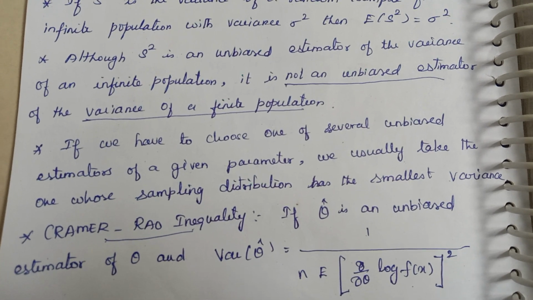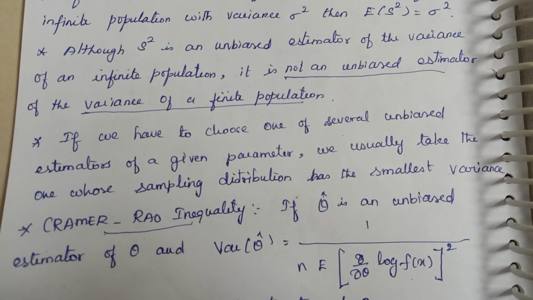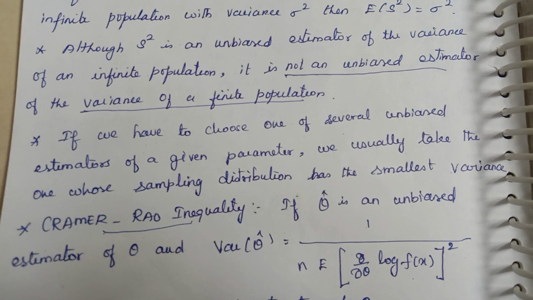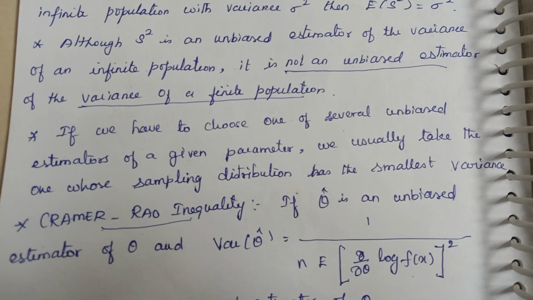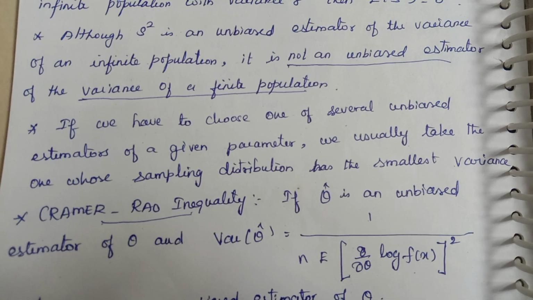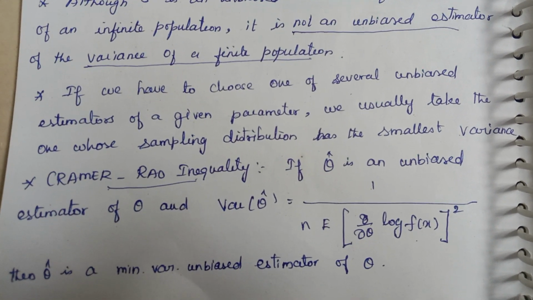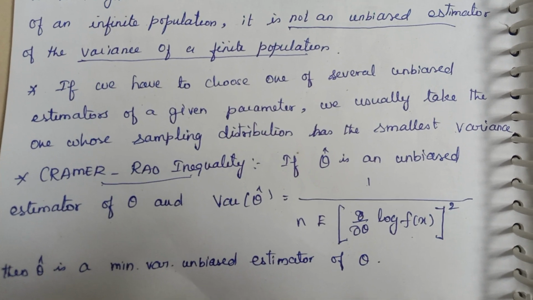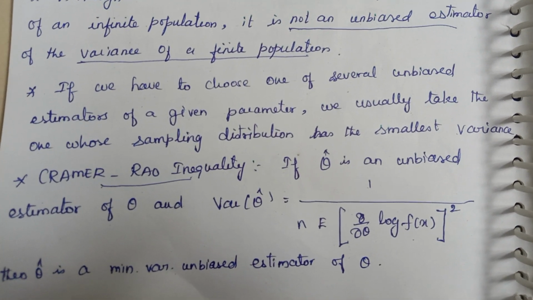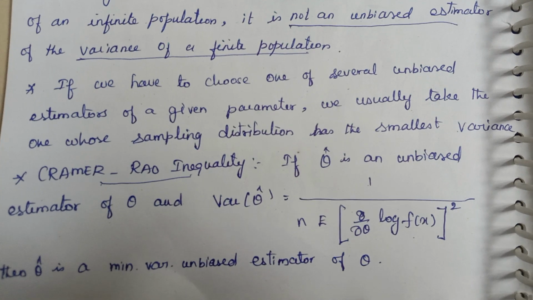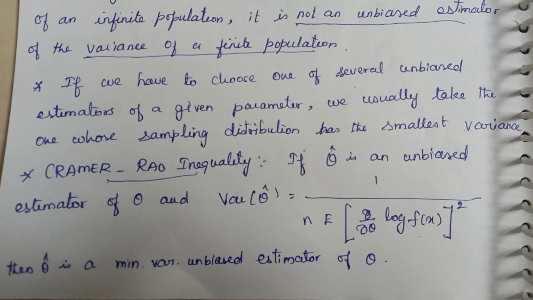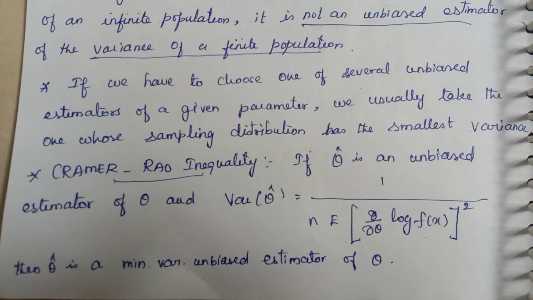For the mean itself, we may have mean, median, mode, all of them may be unbiased estimators. But if you have several unbiased estimators, which one will be best suited for your population? We have to choose the one having the smallest variance.